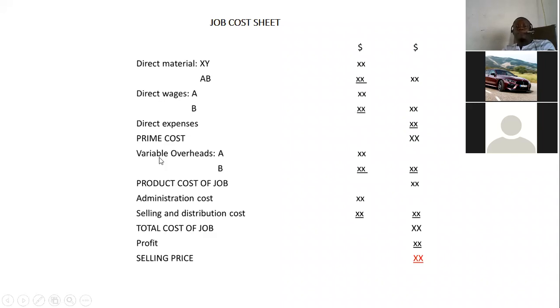From there, we move on to our overheads. Usually after the calculation of prime cost, the next thing is to identify your factory overheads. So we have variable overheads and fixed overheads.